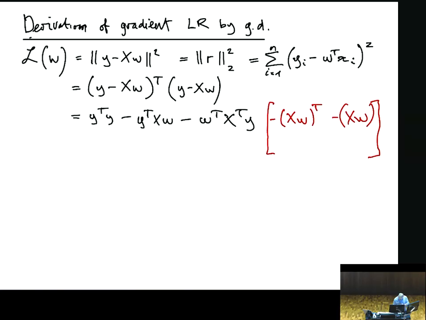This thing here, xw transpose, we can write as w transpose x transpose. So this thing is also now minus. And then the same thing comes down here.